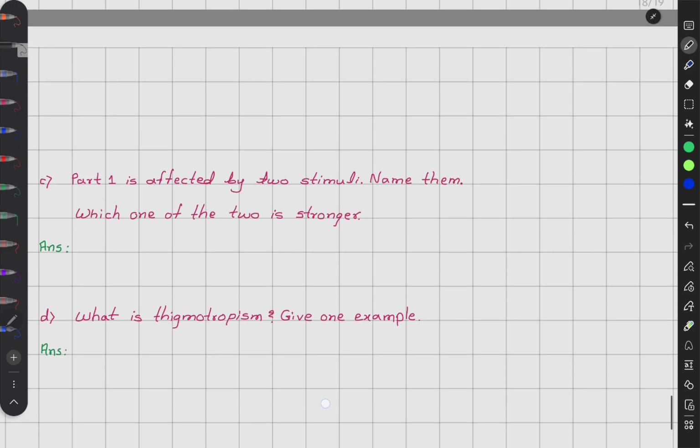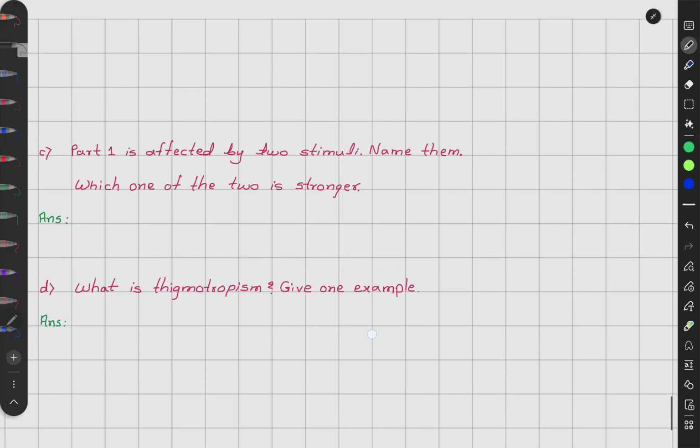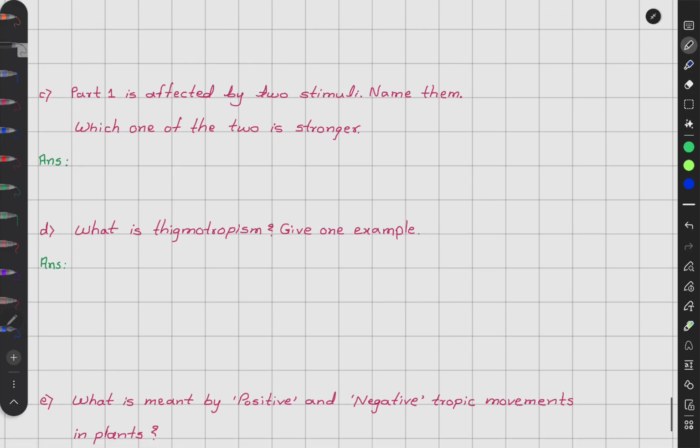Part 1 is affected by two stimuli. Name them. Which one of the two is stronger? Part 1, which is radicle, is affected by geotropism and hydrotropism.